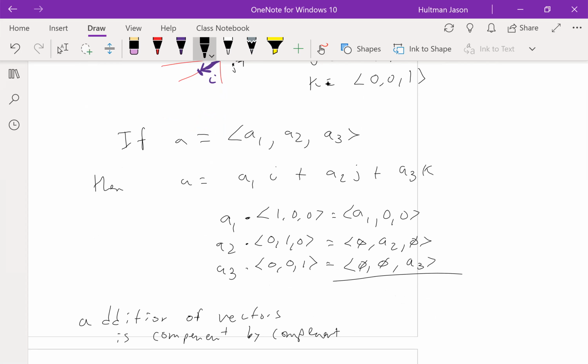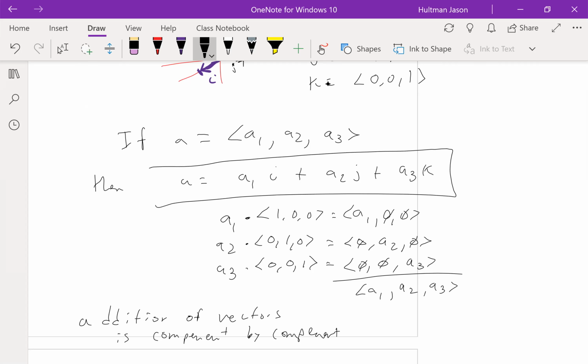Well, what's A1 plus 0 plus 0? Well, that's A1. Okay, what's 0 plus A2 plus 0? Well, that's A2. And what's 0 plus 0 plus A3? So that's A3. And what this allows me to do is it allows me to write vectors in this form. This is called the standard basis form.